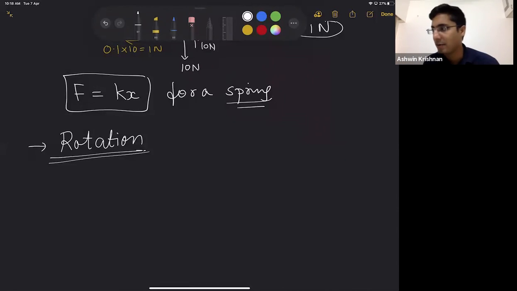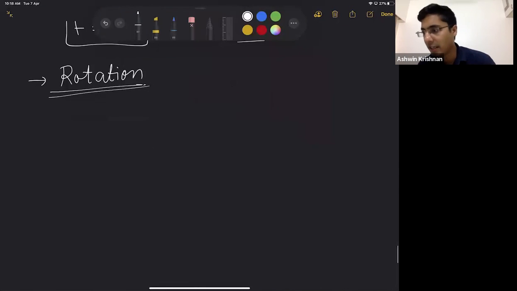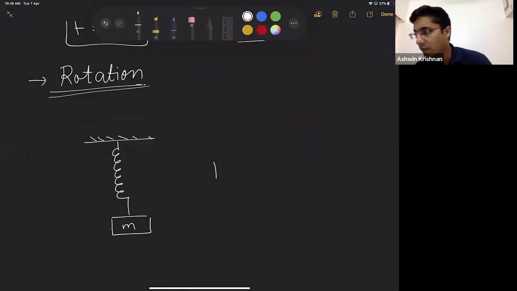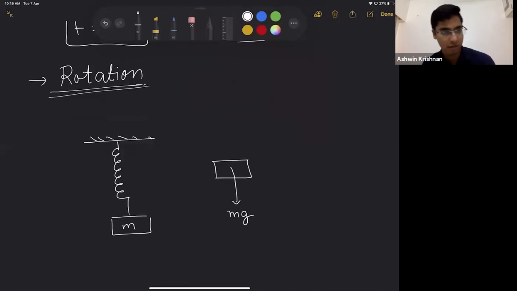So Aarti, I'll explain that question. This was the question, right? Now think of the forces on the body. One is obviously the weight mg acting downwards. That's one force, correct? And the other is the spring force. Now the mass is extending the spring. If the mass extends it by x, the spring will exert a force of kx.